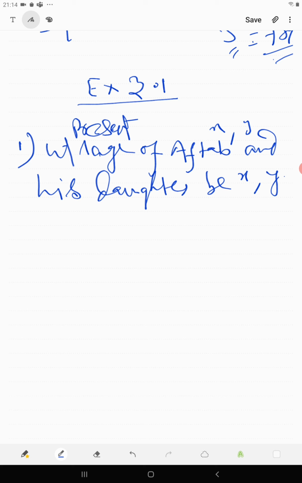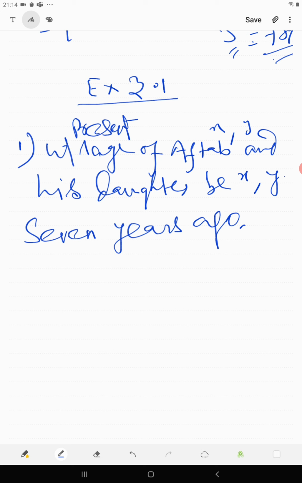That means 7 years back. Stop here, don't move further. With 7 years ago, the history is going to come. So the first thing we will do is write 7 years ago.